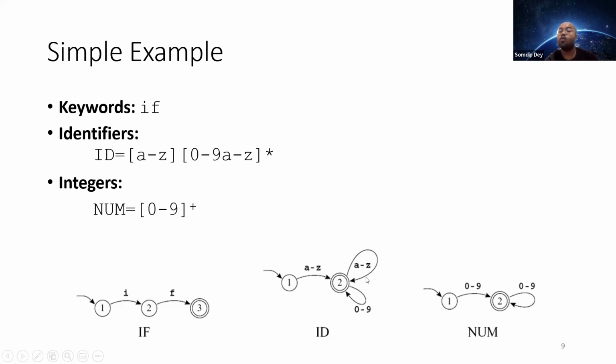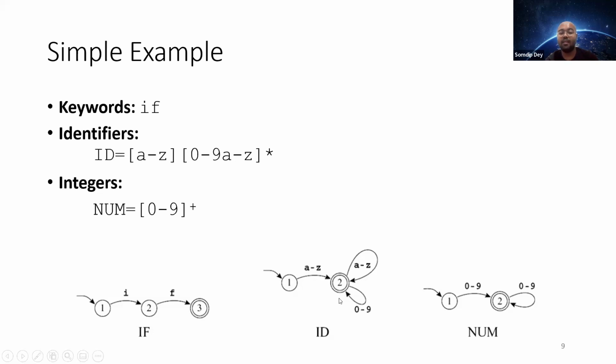The start state will move to the next state, which is also the accept state, only if the input string starts with A to Z. Then if the next portion of the input is either a number, 0 to 9, or an alphabet character A to Z, this machine will accept any of those strings.